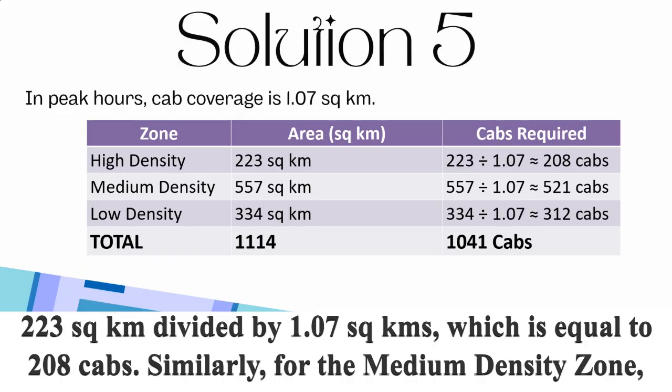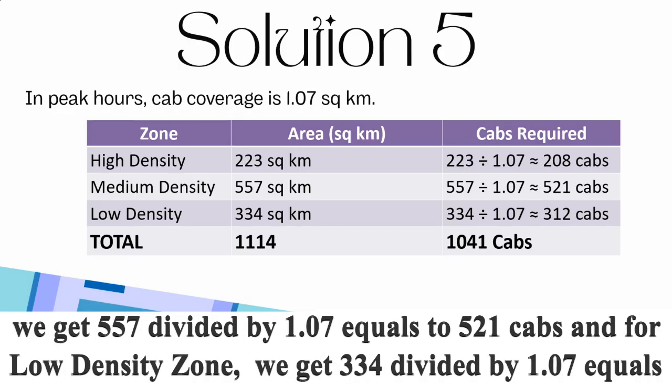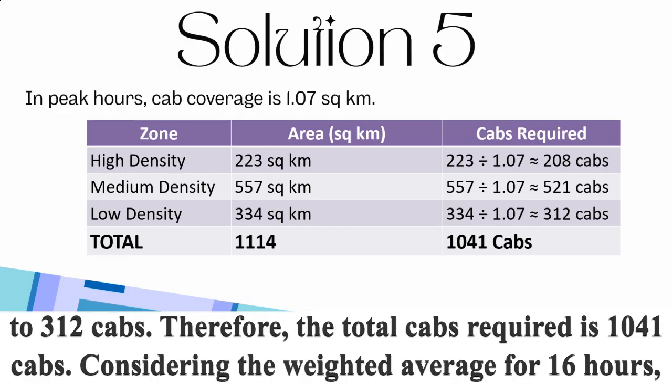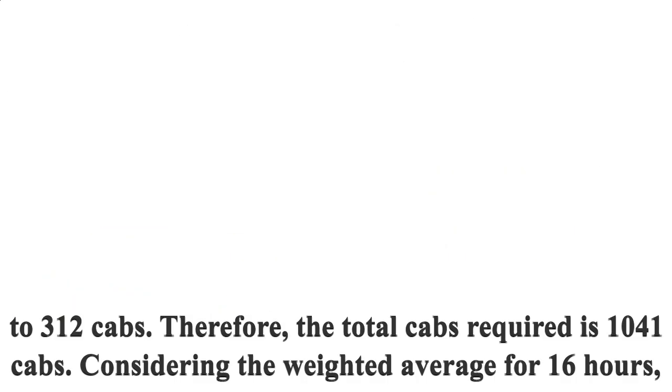Similarly, for the medium density zone, we get 557 divided by 1.07 equals 521 cabs. And for the low density zone, we get 334 divided by 1.07 equals 312 cabs. Therefore, the total cabs required is 1040 cabs.